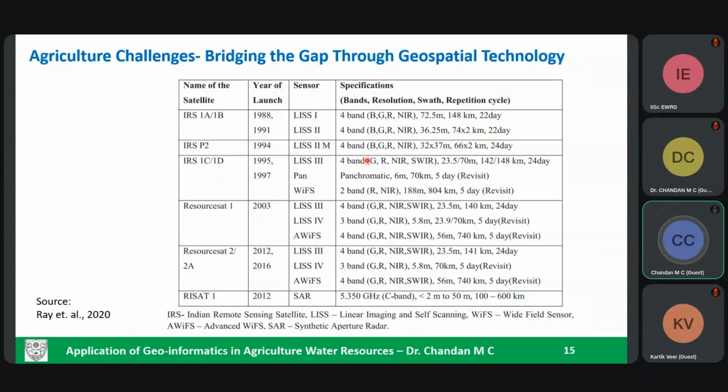Here I have listed in this table taken from Ray et al. You can see the name of the satellite and its resolutions in terms of the sensor, that is the spectral resolution, and the spatial resolution, and its repeat cycle, which is nothing but the temporal resolution. So overall, if you see, it is a mix of moderate resolution, low resolution, and high resolution, along with a very good revisit time if you take the Indian data.